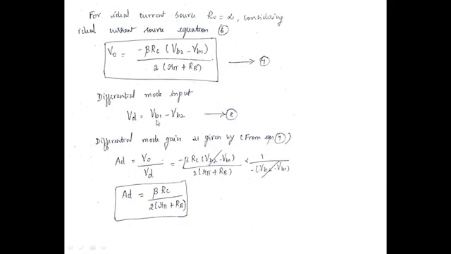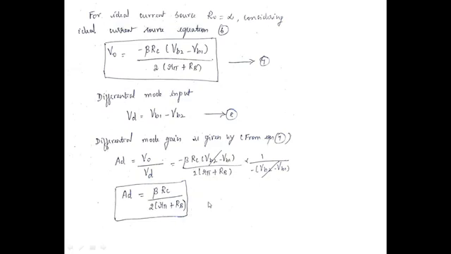Since VB1 is in the term VB1 minus, I'm taking the minus term outside and have written that as minus of VB2 minus VB1. These two terms get cancelled. So I can write my differential mode gain as equal to beta RC divided by 2 into R pi plus RB. So this is one way of finding the differential gain.